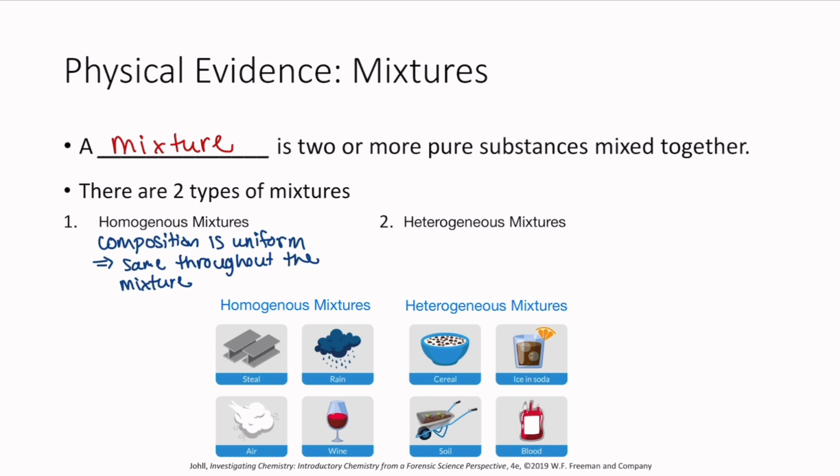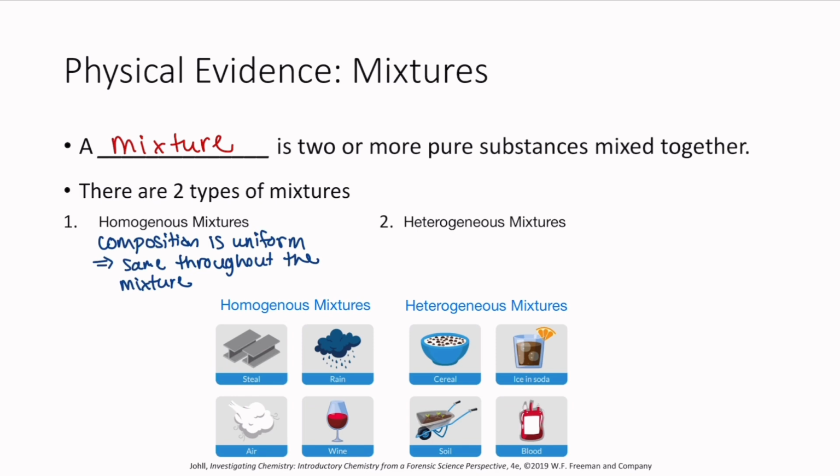So an example of that might be a pitcher of Kool-Aid. The pitcher of Kool-Aid is going to have the same uniform composition as if I were to pour some Kool-Aid into different cups. All of the cups and the mixture within the pitcher are going to have the same composition.